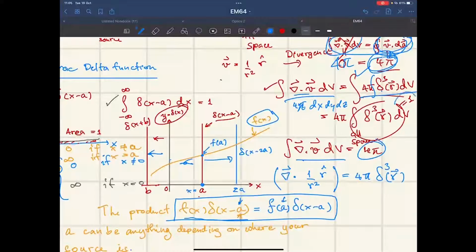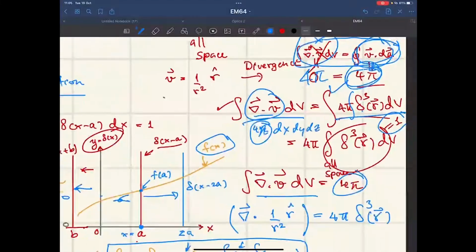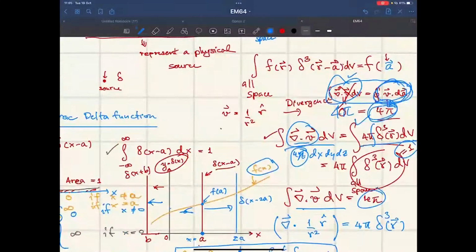Okay, this thing I write down here. So we can just say that this thing is equal to 4 pi. It's not like that. You have to do the integration, because from this point of view, you do the integration for the whole thing, you get 4 pi. So you have to do the volume integration to get 4 pi also.